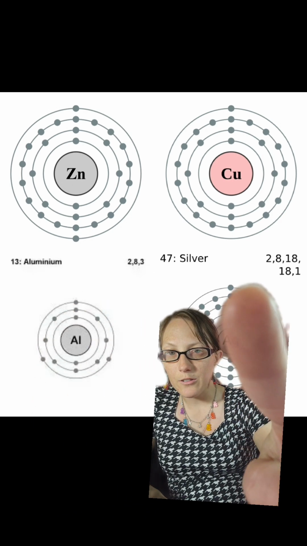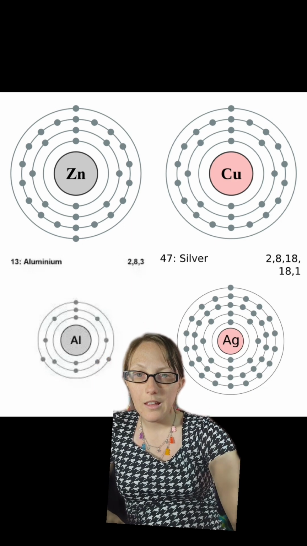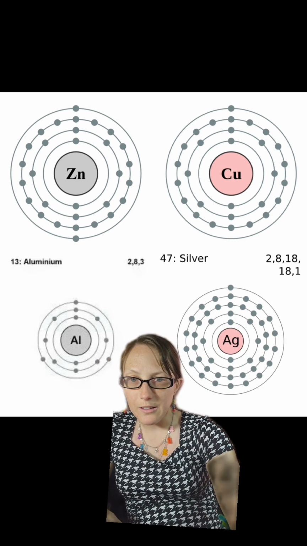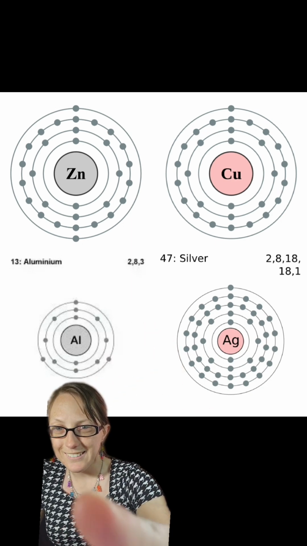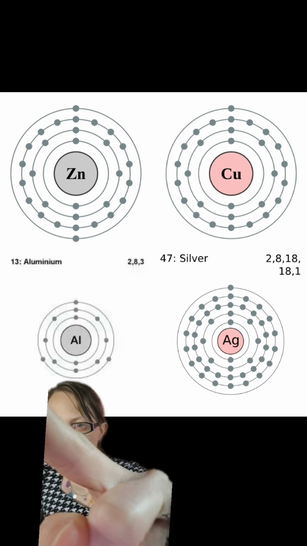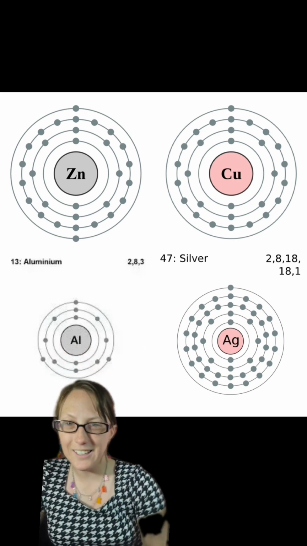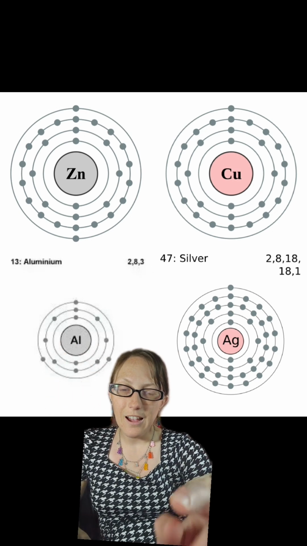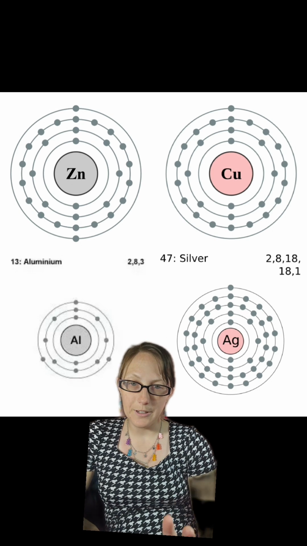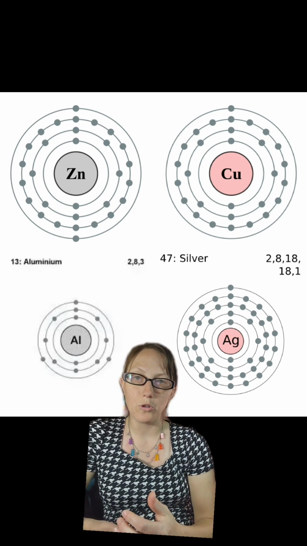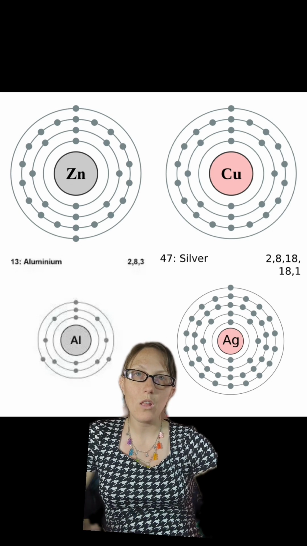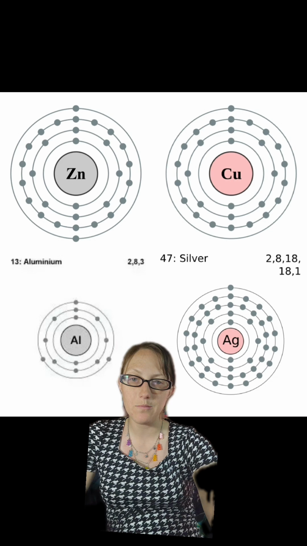And silver only has 1. No, aluminum has 3. I can count. See? There's 2 and there is 3. Either way, they're all under 4. So this allows them to move more freely. They're not quite as connected to their atoms.